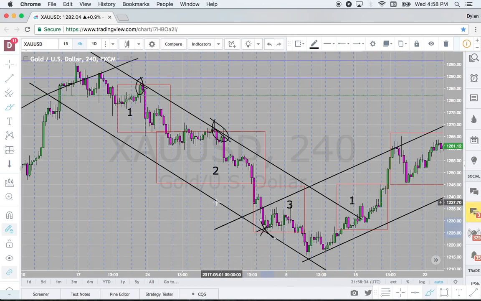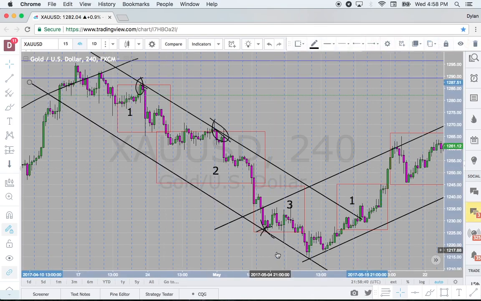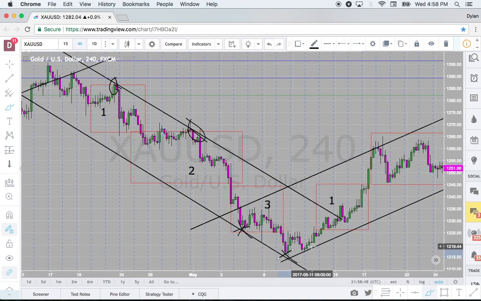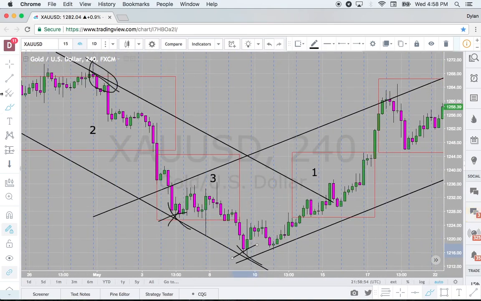It rejects the lower trend line once, and then one more time, and then it comes up just as we expected to our trend line.